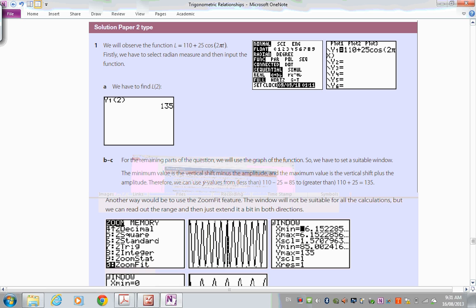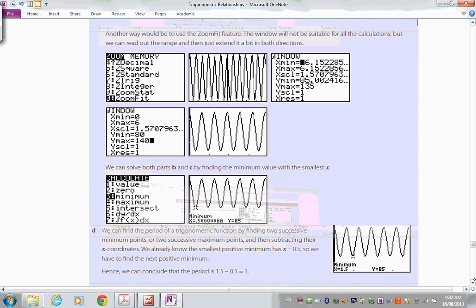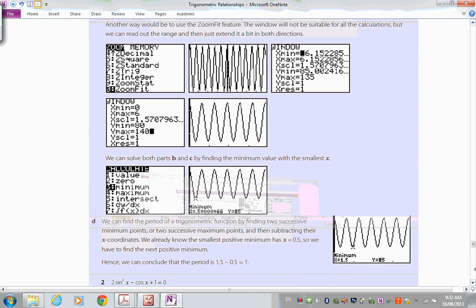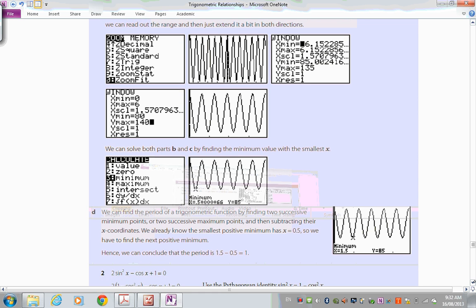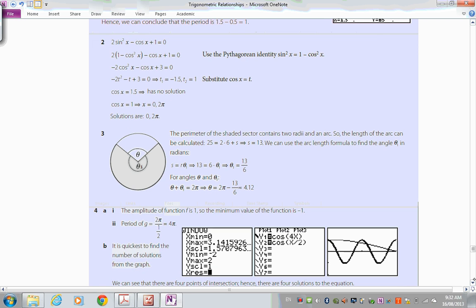Paper 2, or part of it, we'll just scroll down a minute. There's the rest of question 1, paper 2 approach with a calculator. And question 2 and 3 there.